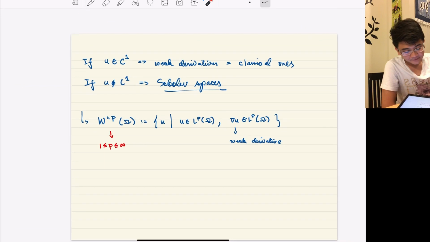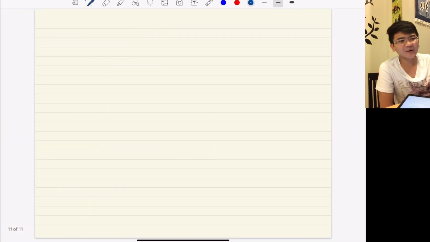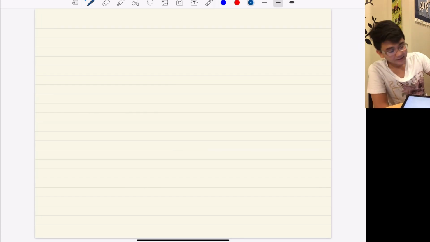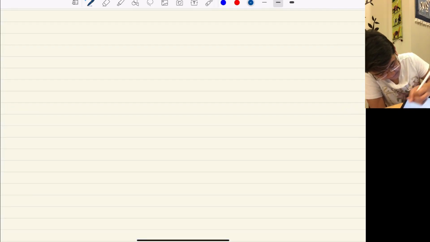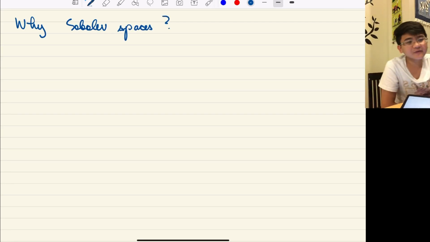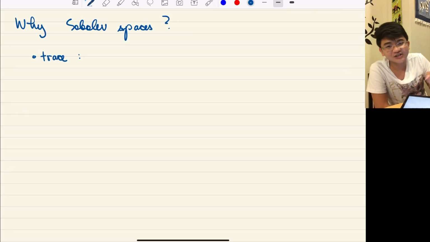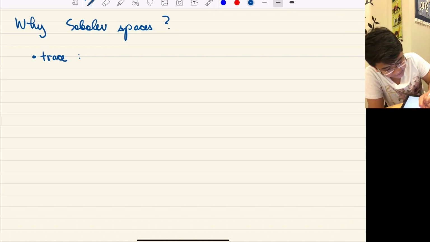Okay? Now we ask, why bother with Sobolev spaces? The reason is that we can do a lot of things with Sobolev spaces. For example, you can have a notion called trace, and trace is a generalization of boundary values.